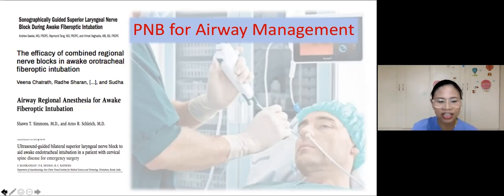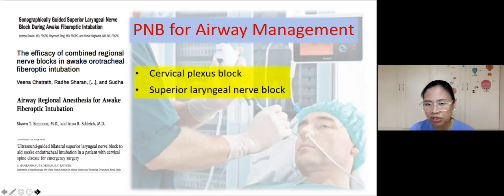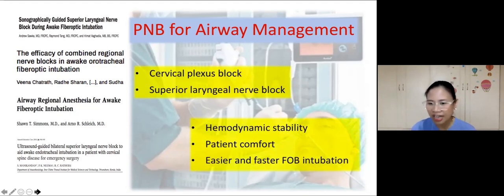But they found out that when we do a nerve block, more specifically a cervical plexus nerve block or a superior laryngeal nerve block, on patients for awake intubation, then you would have an easier and faster intubation, and the patient would feel more comfortable, and also his hemodynamics would be more stable if he's given a block.